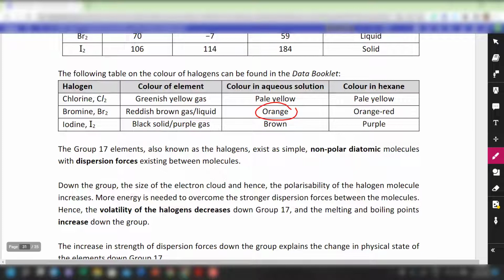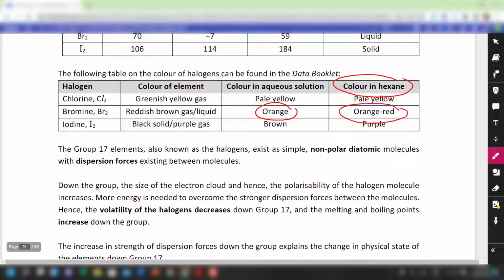But because bromine is a non-polar molecule, it prefers to dissolve in hexane. Because of that, I expect there will be an equilibrium between bromine aqueous and bromine dissolving in hexane. In the first instance you're going to observe the aqueous solution turning orange, but after a while the orange solution lightens, and the hexane layer will turn orange red, because the color of bromine in hexane is orange red.